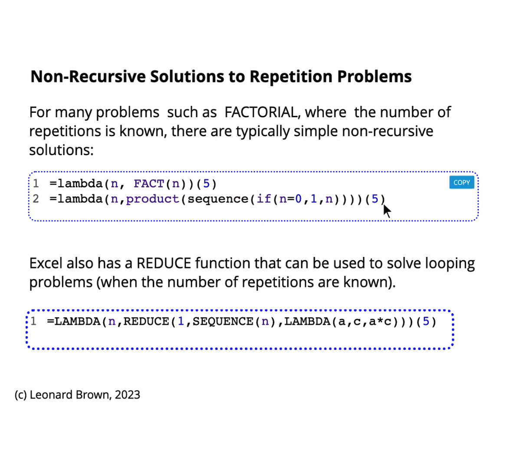The second uses a combination of Excel's product function and sequence function to solve this problem. Excel also has a reduce function that can be used to solve problems requiring repetition without explicit recursion. This is demonstrated here. Again, if you know the number of repetitions, there are most times non-recursive solutions to problems requiring looping.